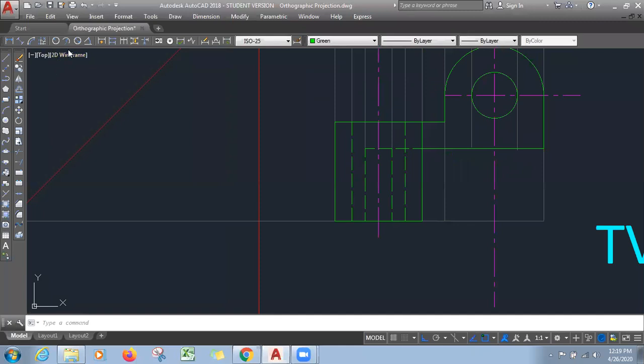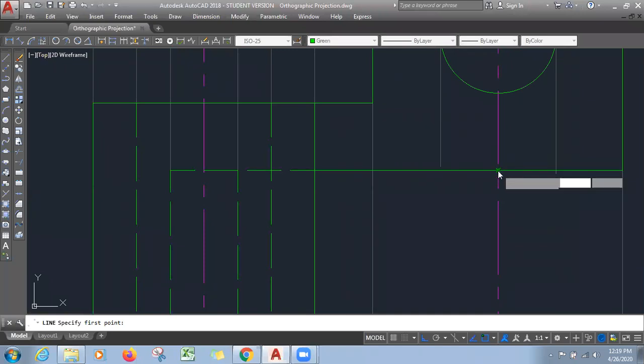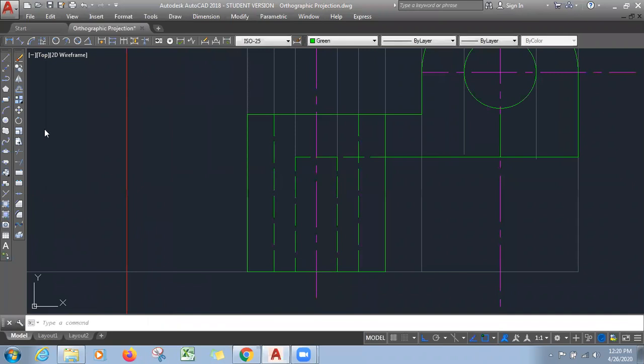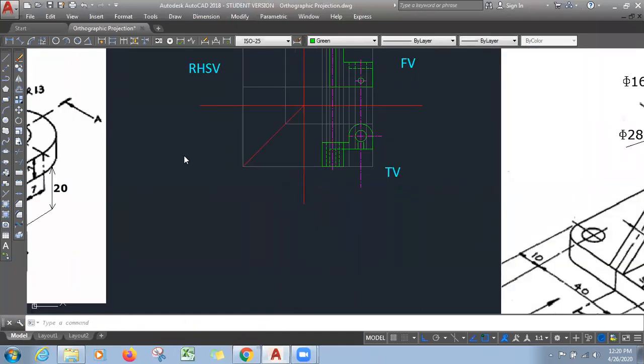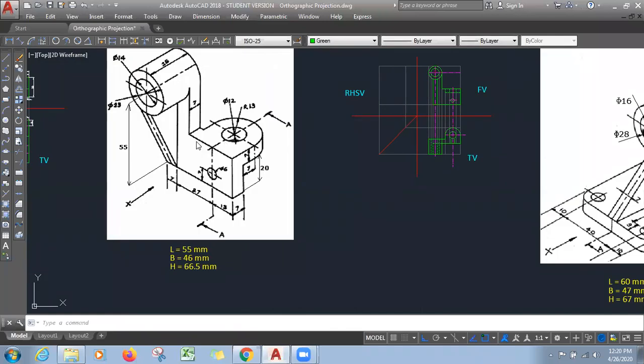This distance is how much? 7. Enter. Now on either side, take this. It is 3 mm. Enter. This line on this side, this line on this side. I will delete this.